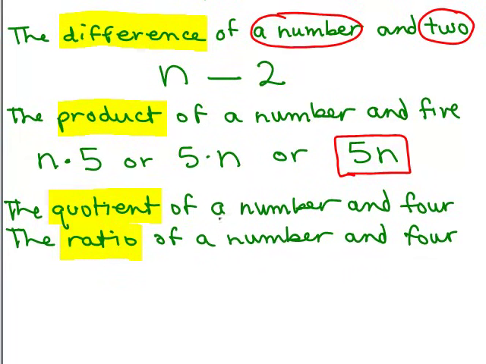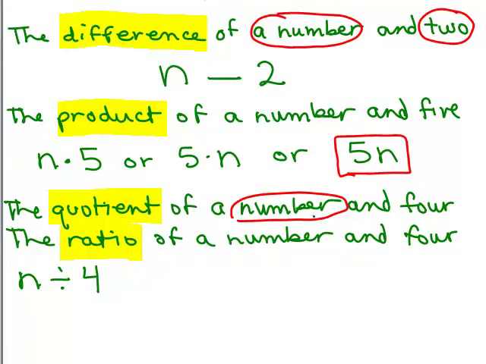So a more common way of writing this answer, again, we're separating a number and 4, so those are the two things. You could, of course, say the number's n divided by 4. And it doesn't matter whether it says quotient or ratio. Both of them mean the same thing. That represents division. So whatever comes first goes before the division sign.